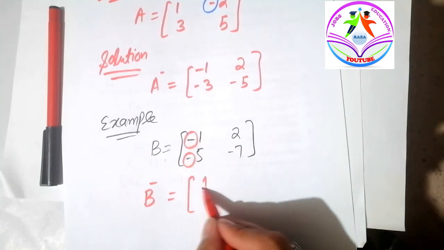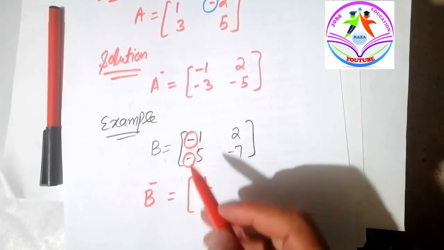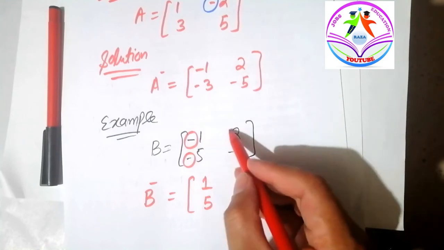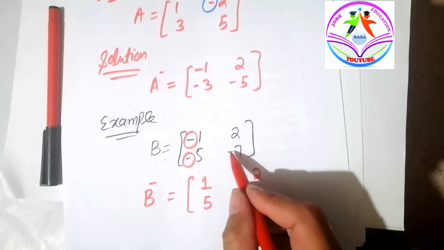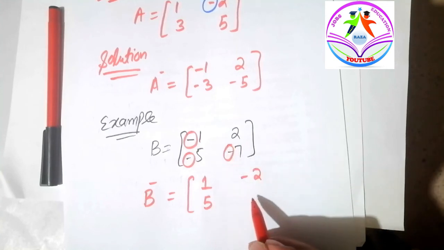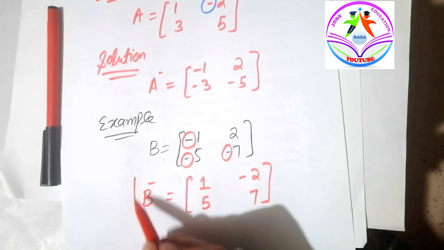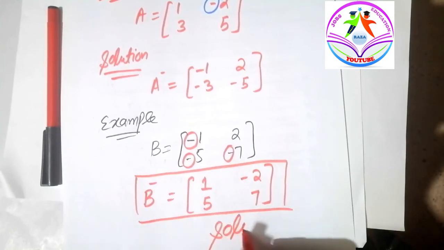We can write 1, 5, changing the sign of negative into positive and positive into negative. We have a positive sign there, so we write it -2. We have a negative sign there, so we write it +7. So that's a negative matrix. That's the solution.